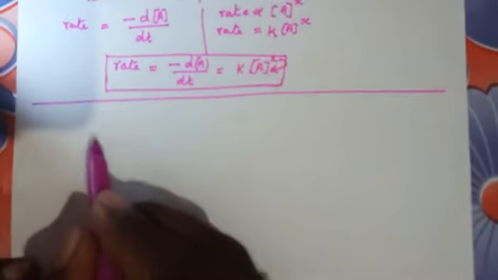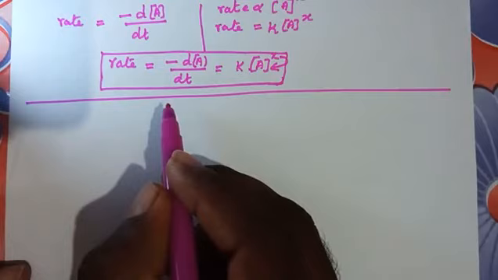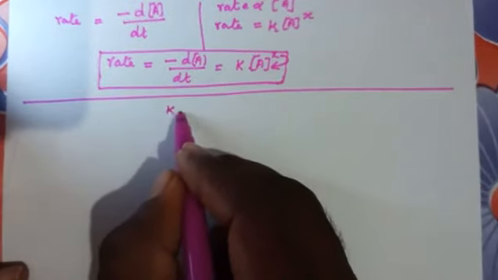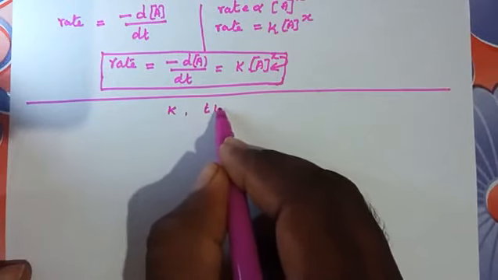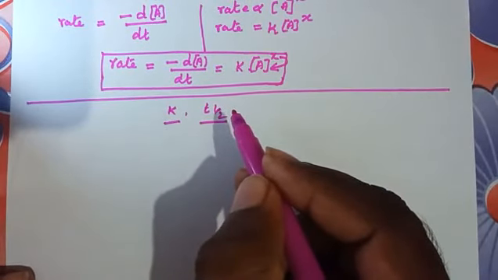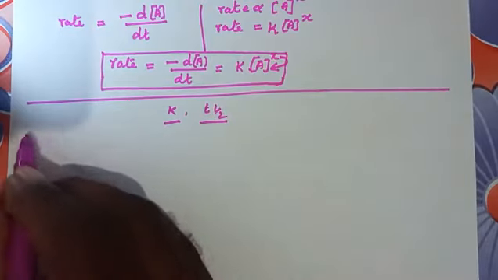On the basis of this integrated rate law, we can discuss the rate constant and t half values of first and zeroth order reactions simultaneously.